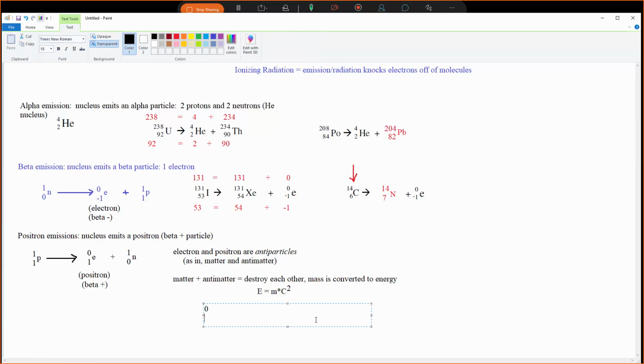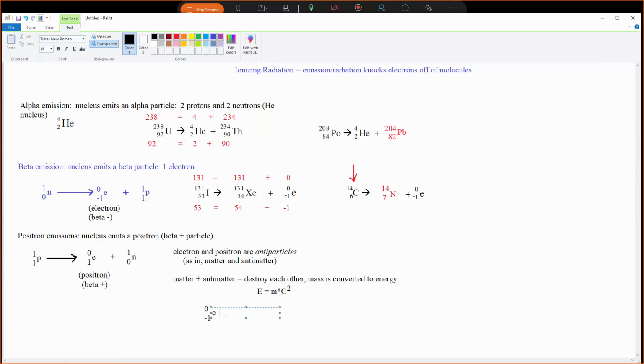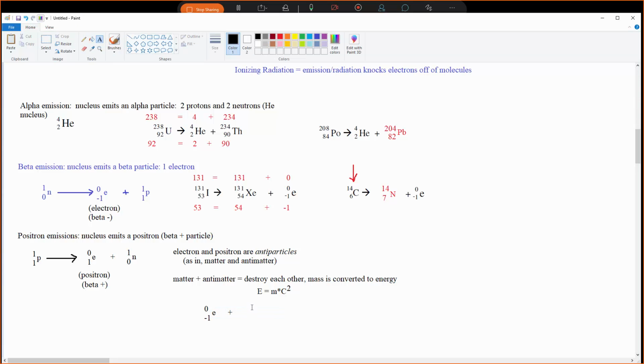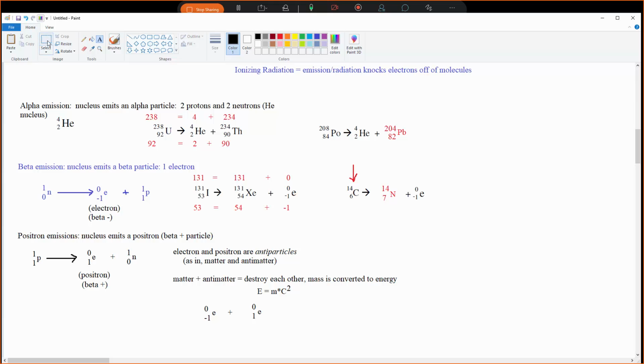So we have 0, -1, electron, encounters my 0, +1. I'll call it an electron, but really it's a positron now because it's positively charged, right? And this just feels like it's right out of Star Trek, doesn't it?